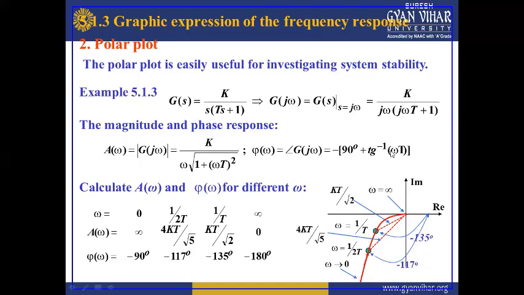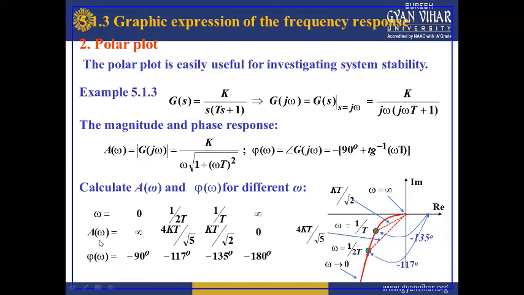Similarly, when I increase omega from 0 to 1 by 2T to 1 by T to infinity, I will get different values of magnitude and phase angle. We will use this information to draw the polar plot.